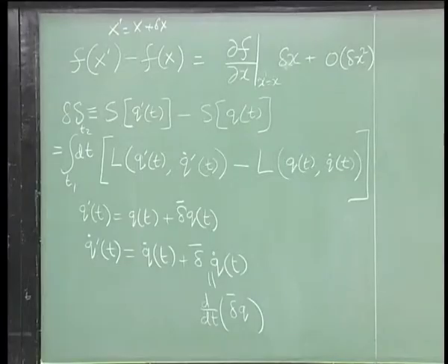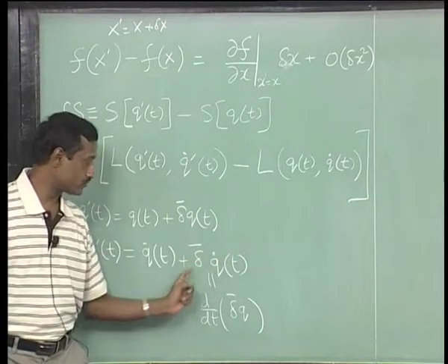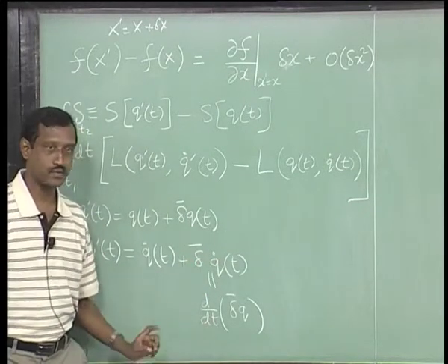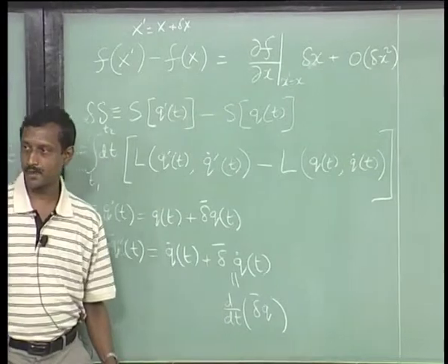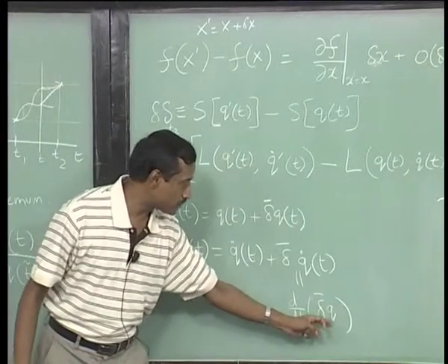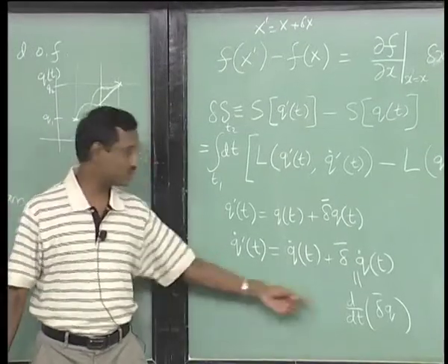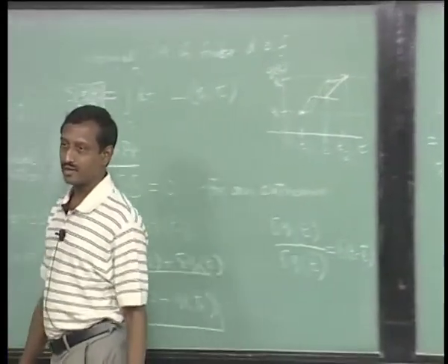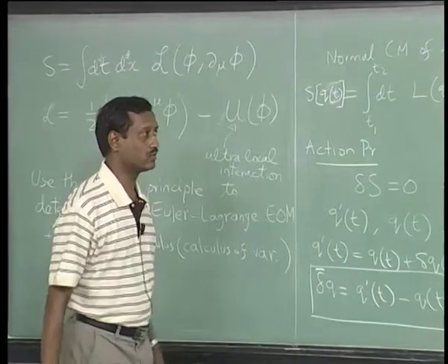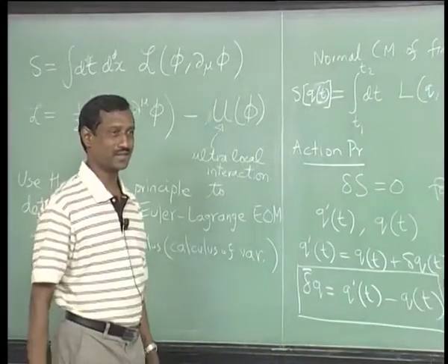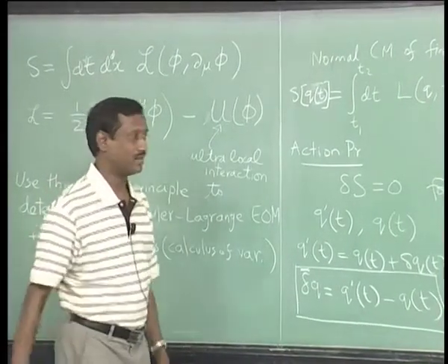So I am allowed to exchange the order of these two operations, or equivalently it says that delta bar of q determines not just q of t, it determines all derivatives. Even for 100 derivatives we expect it to go through, assuming functions are smooth, etc. Let us not get into those details.